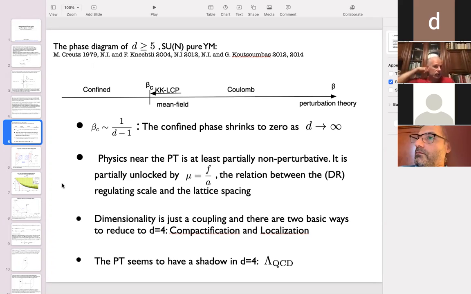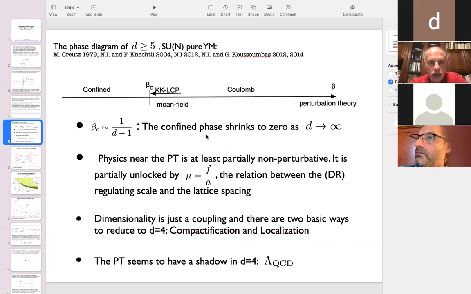So notice here that this phase transition occurs in the interior of the phase diagram, and it typically occurs at a value which is of order 1, as long as the dimensionality of the system is relatively low. Now, it happens that one can derive an exact formula for the critical value of the coupling, and basically it's a number, which I don't write here, something like 6.7 or so, over d minus 1.